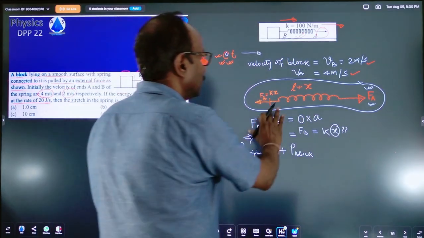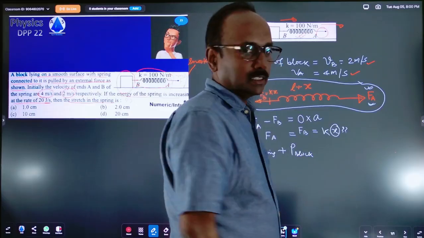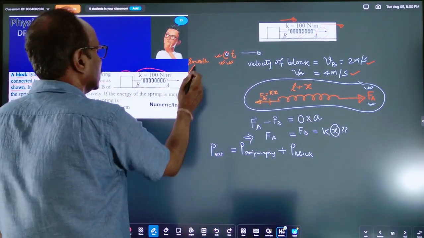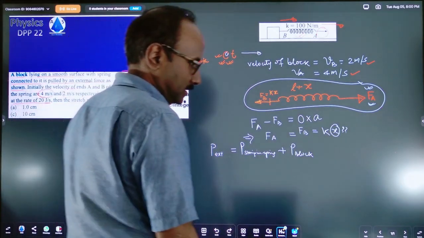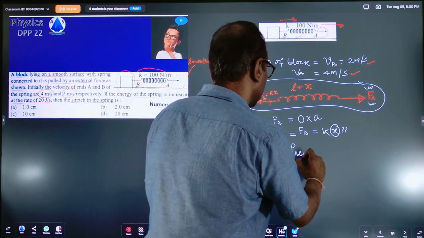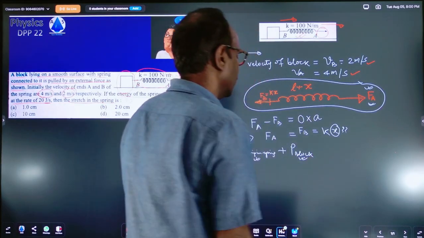There is no other place where the energy is passing through because the surface is smooth, so no friction. So only in the spring and the block the power is getting transferred.